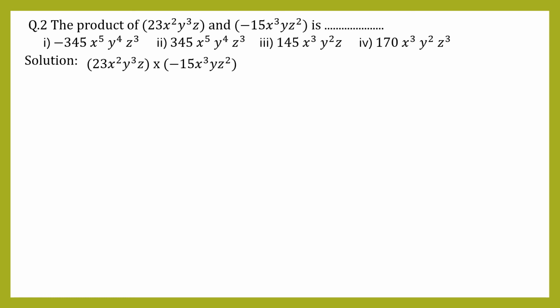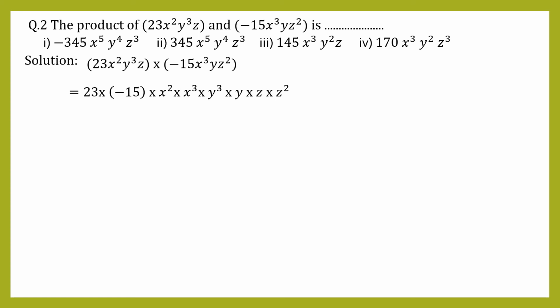Now, when we multiply them, we are going to multiply coefficient with the coefficient, then x terms together, y terms together, z terms together. It's a single term, but we will break it into parts so that we can multiply them nicely. So this is the arrangement for multiplication.